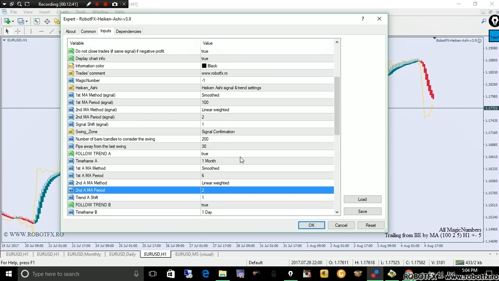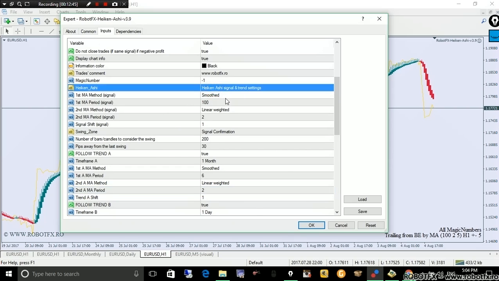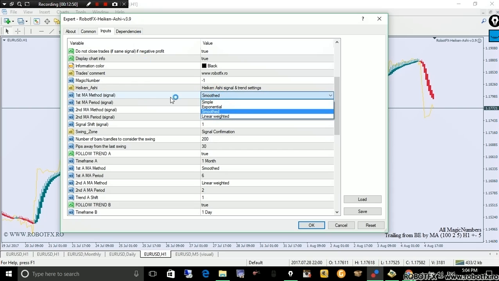As for the entry signal, we use the Heiken Ashi on the current chart. And again, the trader has the option to choose the settings for the Heiken Ashi indicator as he wishes.